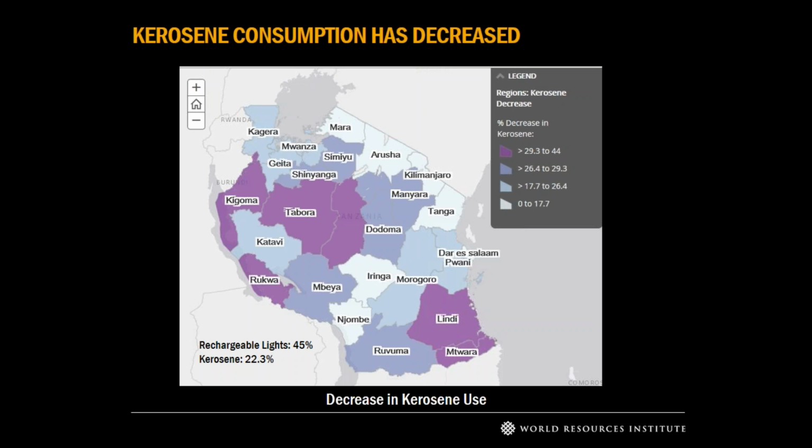One important fact is that the country, at least the rural population, which was predominantly kerosene in 2012, has shifted significantly away from kerosene in 2016. You will see the main areas, Lindi, Tabora, Kigoma, where the movement from kerosene has happened.